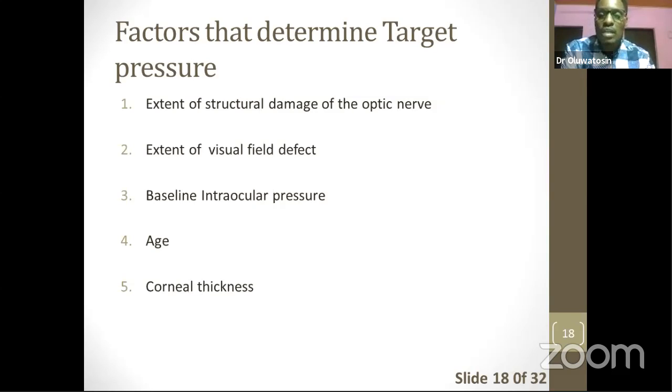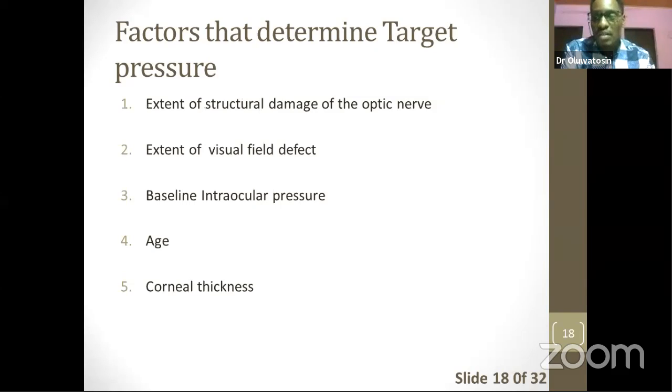For example, a patient that is young with a mild disease condition and an elderly patient that has the same mild disease condition, I will want to set a target pressure for the younger one.